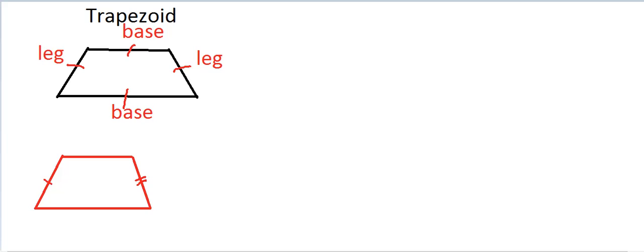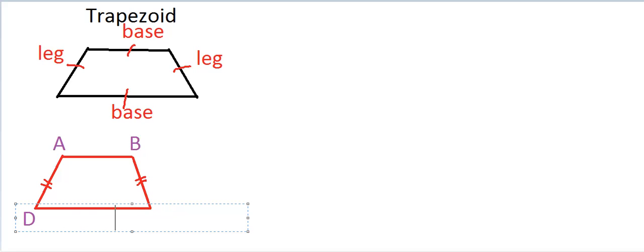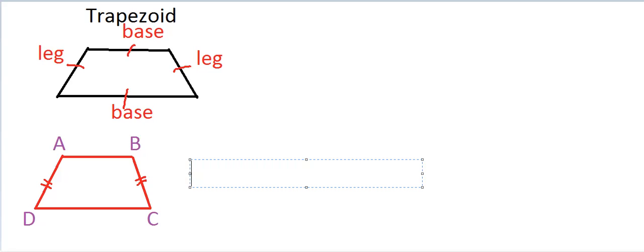Now let's name this trapezoid: this is A, this is B, and this is C. So this is trapezoid ABCD.